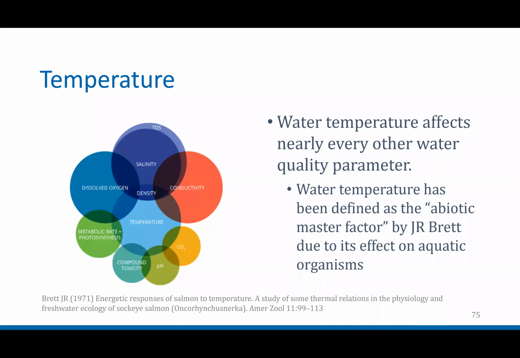Photosynthesis is what the plants do to create oxygen in the water. And metabolic rate is the amount of oxygen required by aquatic life. The higher the metabolic rate, the more dissolved oxygen they typically require. It also affects things like salinity and conductivity, which we'll talk about a little bit later. And then, on the bottom there, temperature definitely affects CO2 and pH.